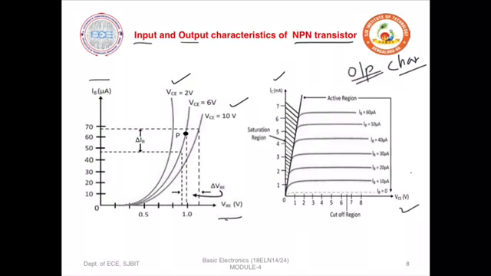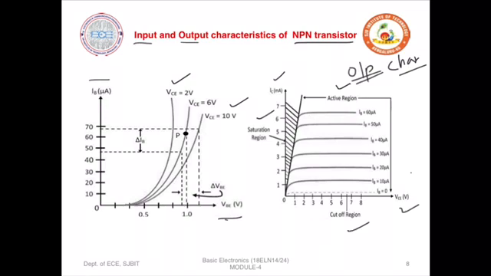For various values of IB, this output characteristic, which can also be called the collector characteristic, is plotted. There are three regions I need to consider in this diagram: one is the active region, one more is the saturation region, and the other is the cutoff region.